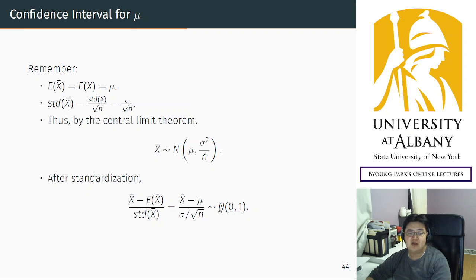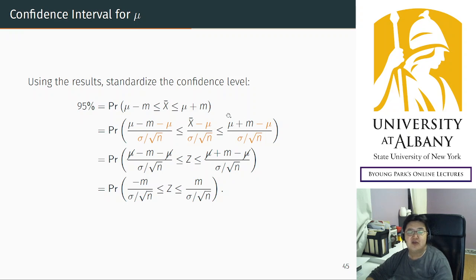Right? This way, it will follow the standard normal distribution. So remember this form. This standardized form will be used a lot from now on. Maybe you will get familiar with this form later. So then automatically it is approximately standard normal distribution.